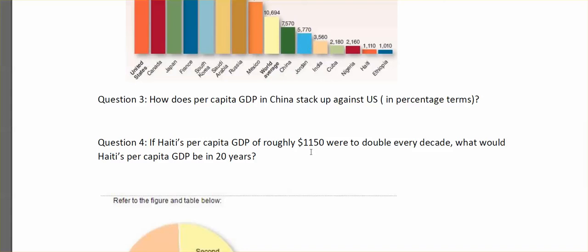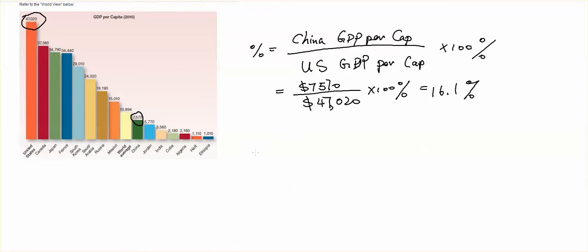So the initial value for GDP per capita is $1,150. And we know that every 10 years the value will be doubled. So let's create a table.